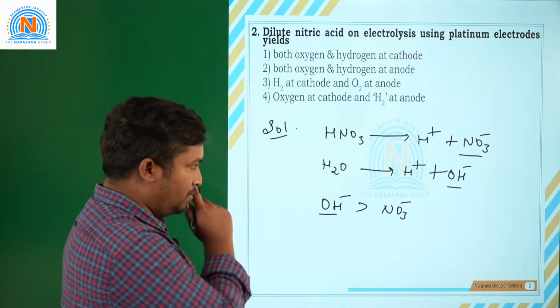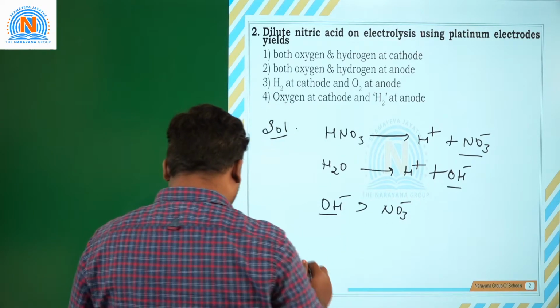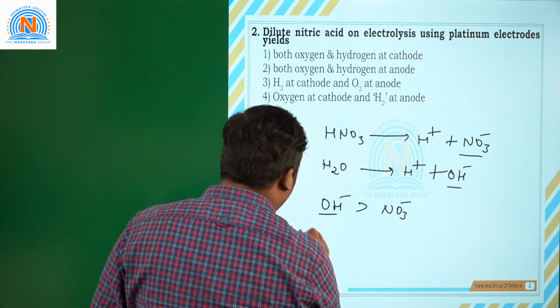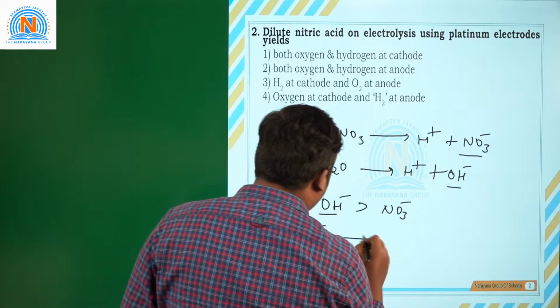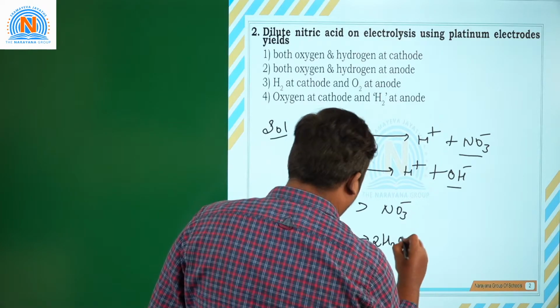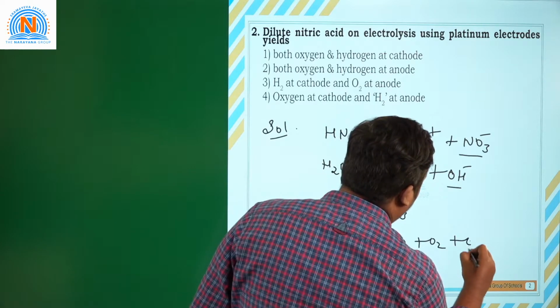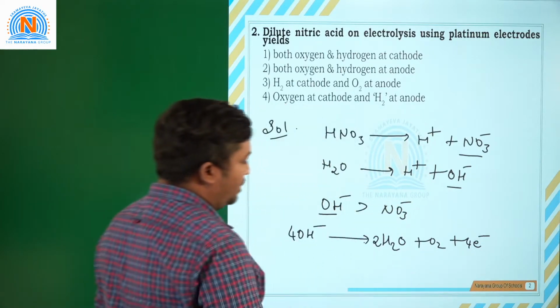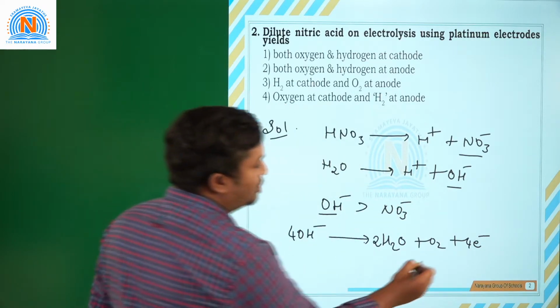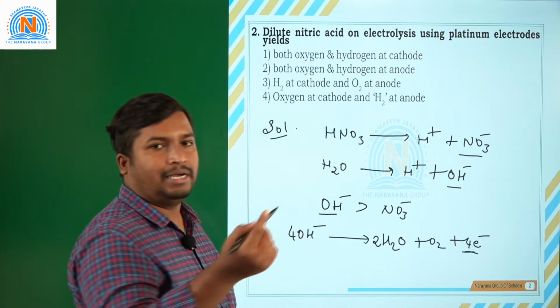Therefore, the OH minus undergoes the following reaction. 4OH minus gives rise to 2H2O plus O2 plus 4 electrons. Now you see in this reaction the electrons are lost, means OH minus is losing the electrons.